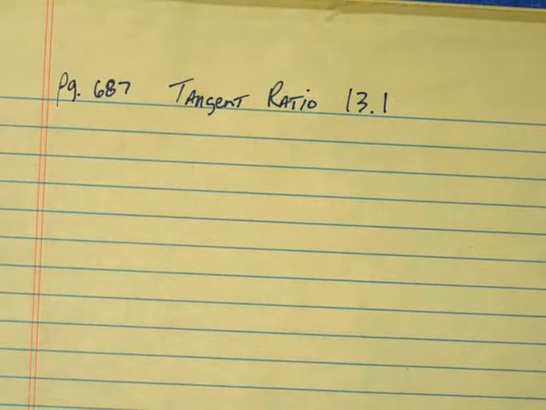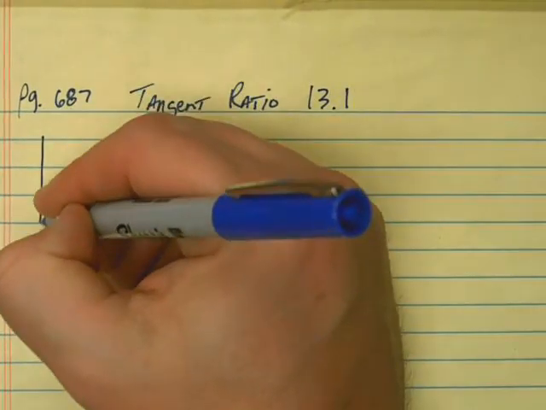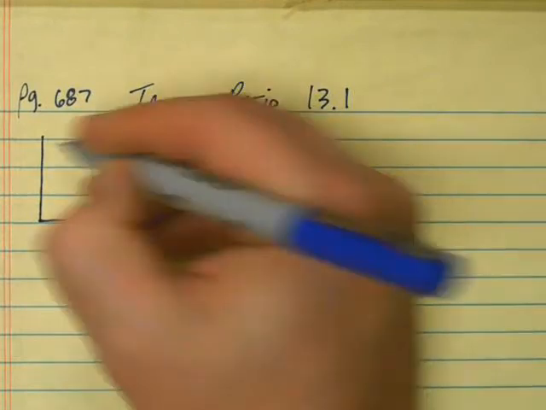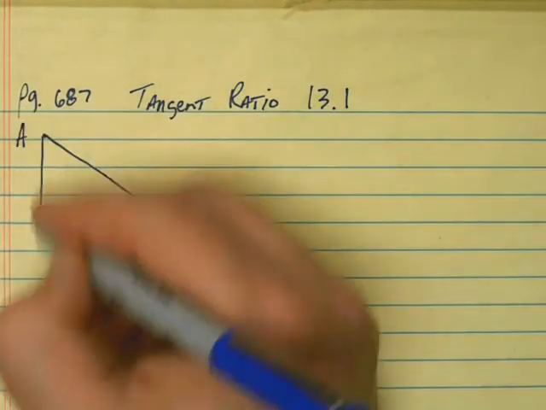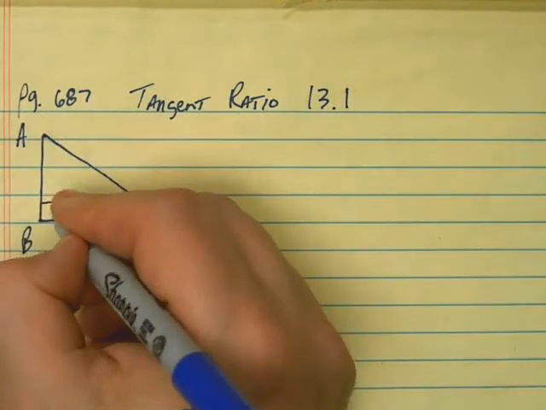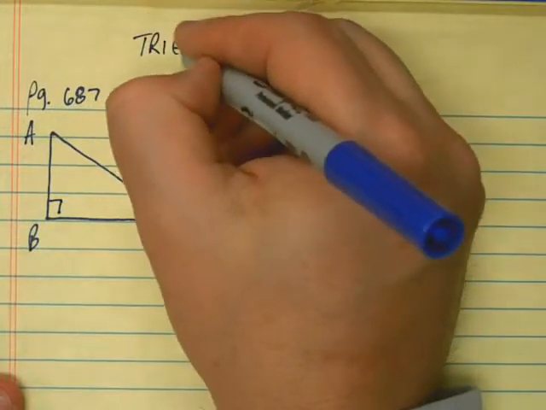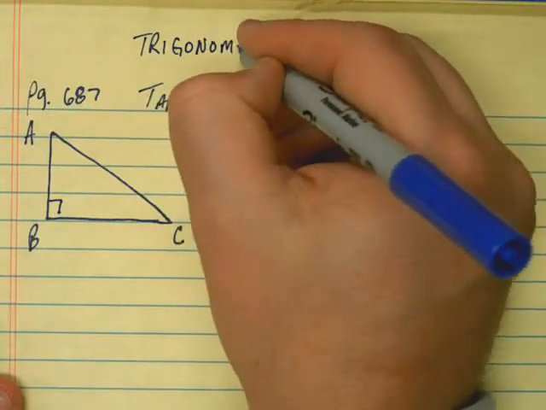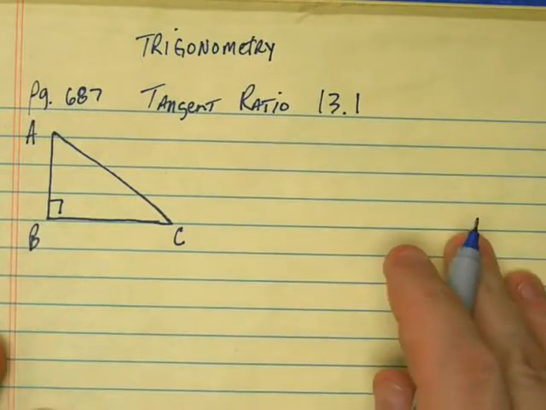Let's get some terminology done first. Write in your notes what I'm drawing here on the paper, please. We have A, B, and C. We're going to call this a right triangle, because trigonometry is the study of right triangles.